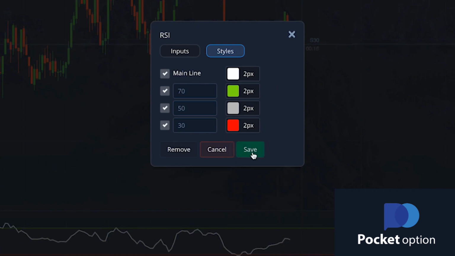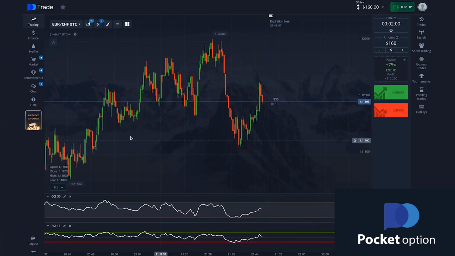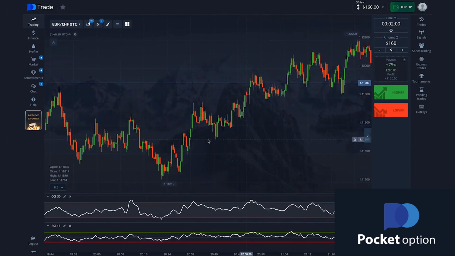And save. And colleagues, if you trade on mobile devices, you can customize it in the same way.